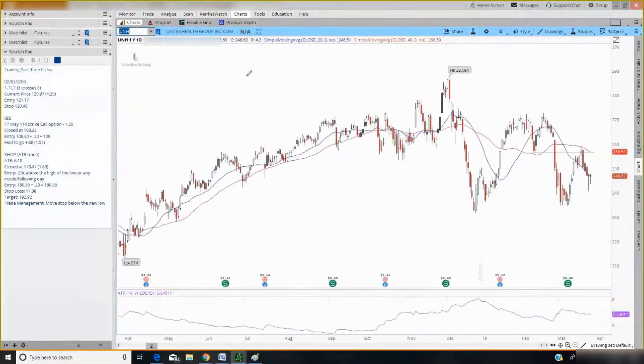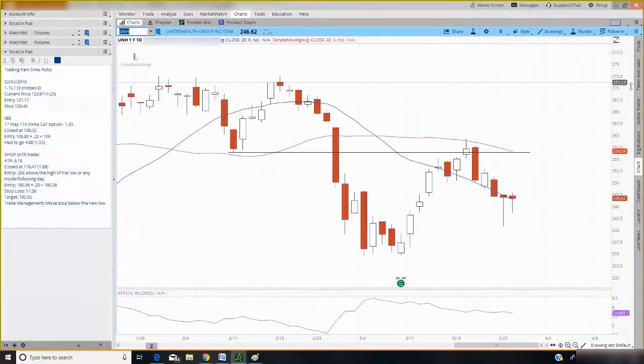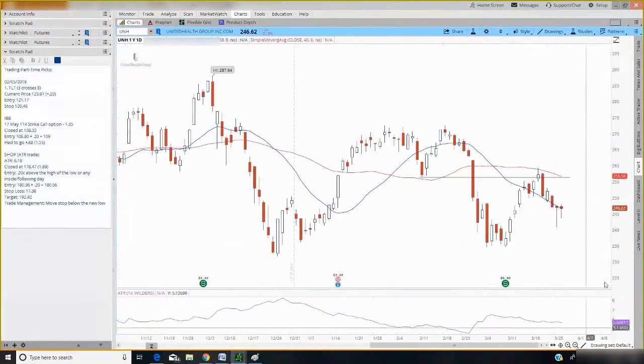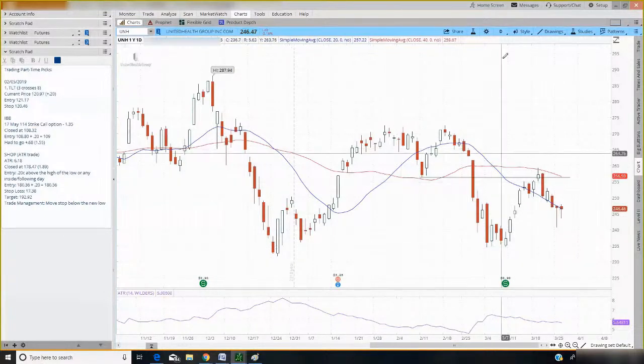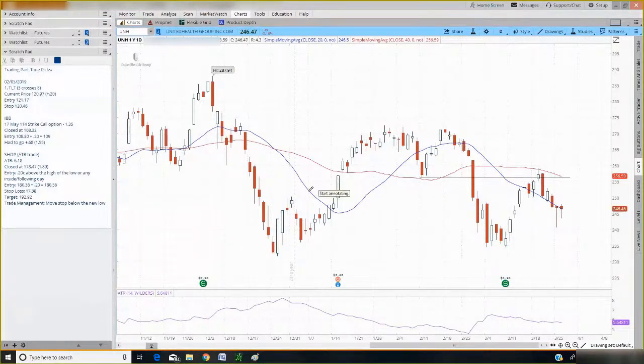Somebody said UNH. Okay? UNH. This is not the picture we are looking for. No. This is not it. We want this line. This is very clear. This has to be going up perfectly, not sideways.